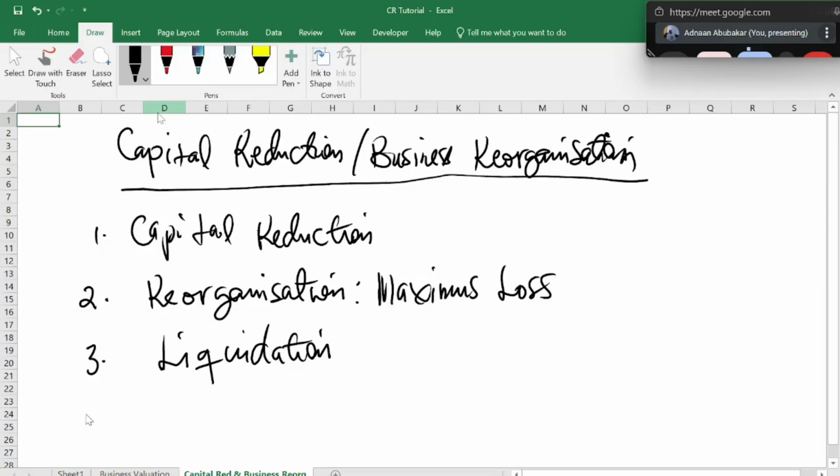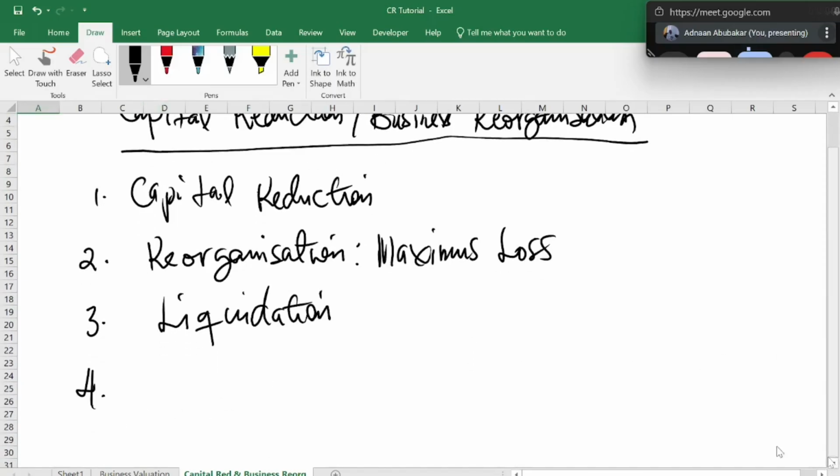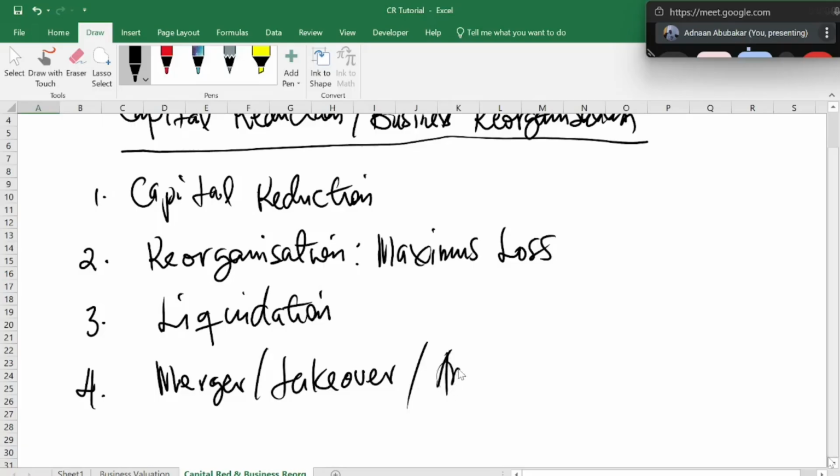Most cases. I also look at what we call the merger or business takeover, or what you sent to me, the amalgamation.